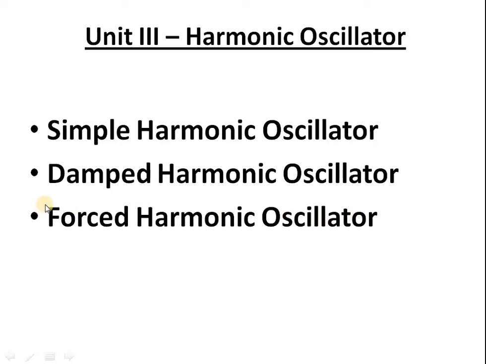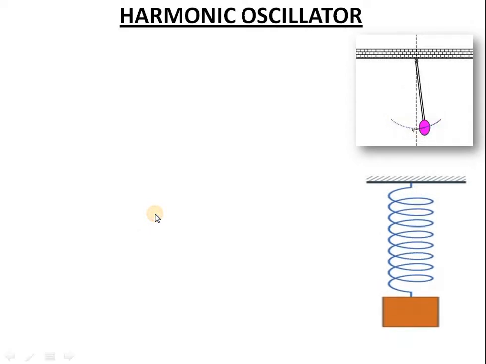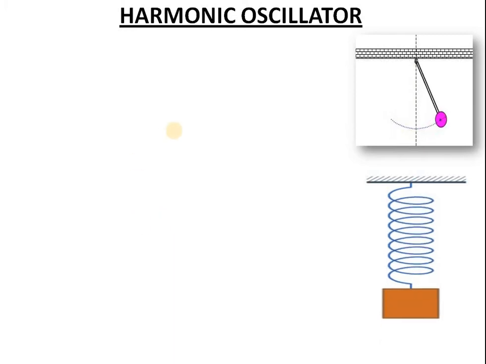So we will have a detailed discussion about all the 3 sections in this chapter. These are the detailed syllabus of unit 3 on harmonic oscillator. We will discuss one by one in detail and in an interesting manner. You can understand it comfortably, and we will go through many problems, assignments, and other practice exercises.